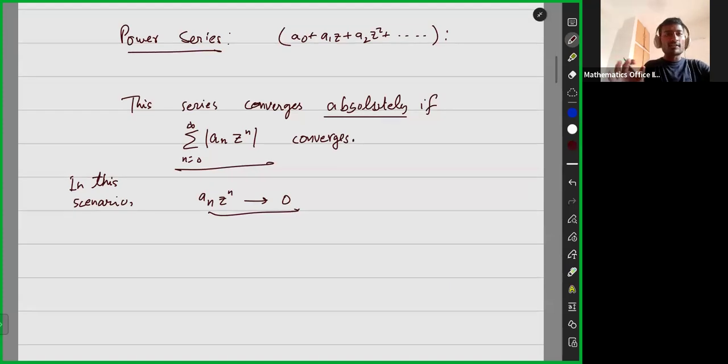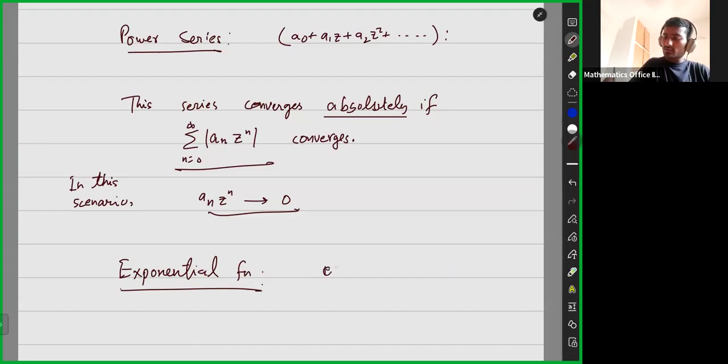So not all power series give us complex valued functions on complex numbers, but we look at the exponential. We defined the exponential function, e to the power z, which is the same as this power series: 1 plus z plus z square by 2 factorial, plus z cube by 3 factorial, and so on.